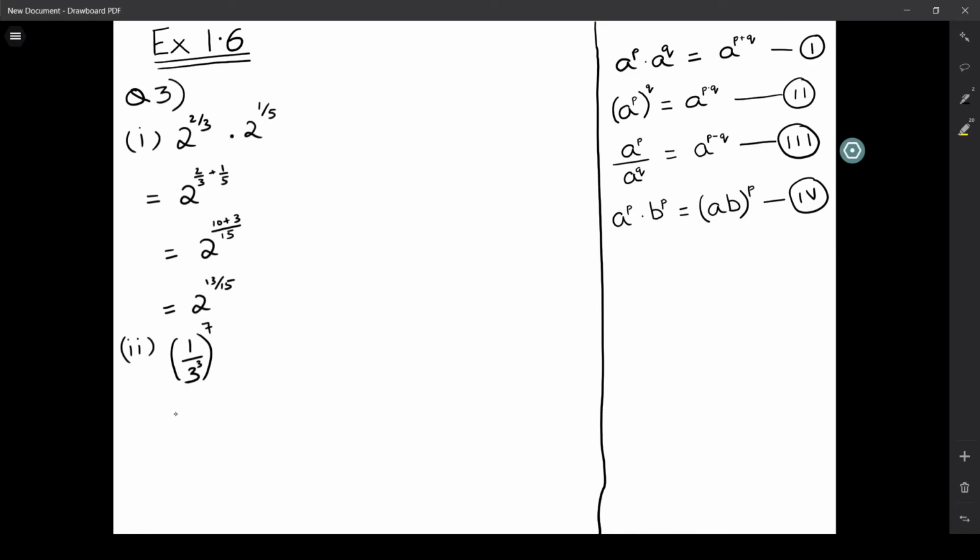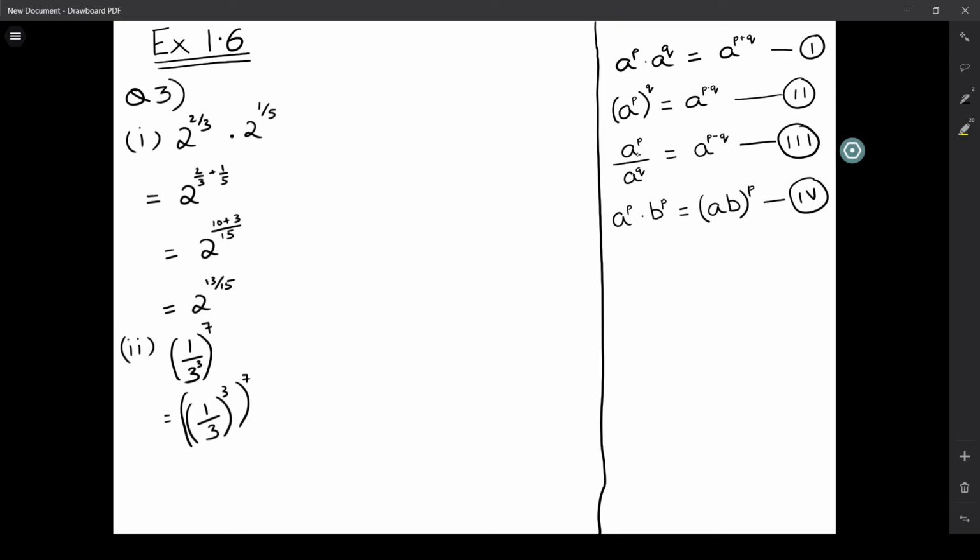Now, we can reduce this in the following manner. 1 by 3 cube can also be written as 1 by 3 whole cube. Over here, we know that 1 cube is equal to 1, and hence we are able to do this. Whole to the power 7.